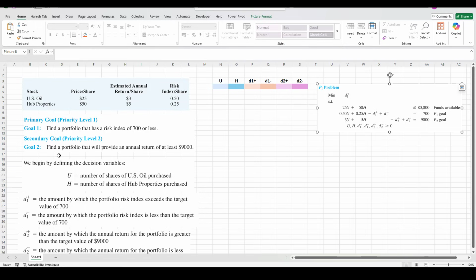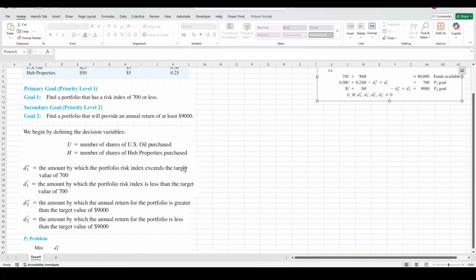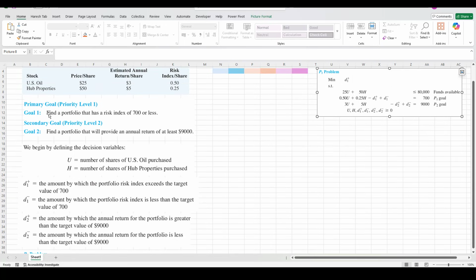We start by declaring the decision variables: U, the number of US Oil shares purchased, and H, the number of shares of Hub Properties purchased. Then, because we have two goals at two priority levels, for each goal we will have two deviation variables.